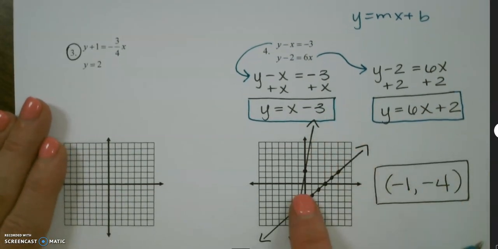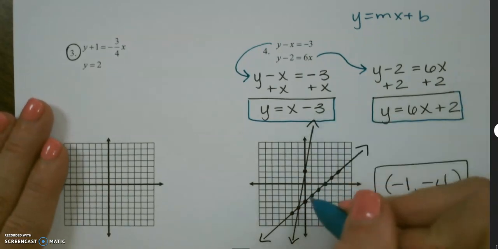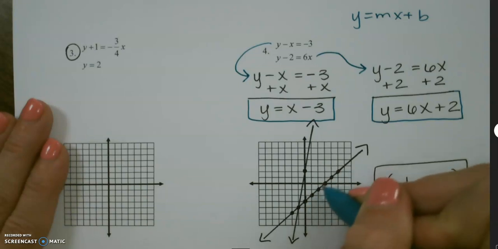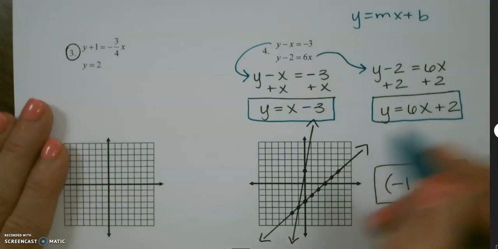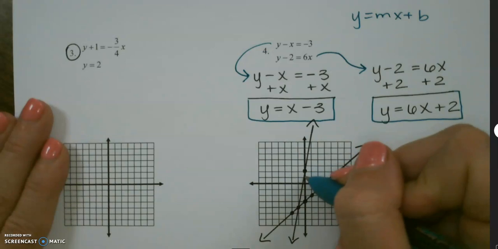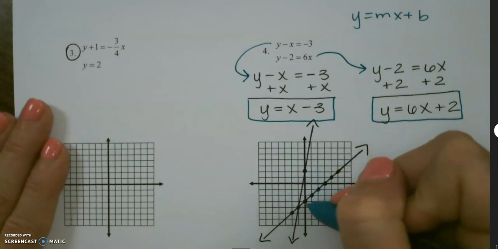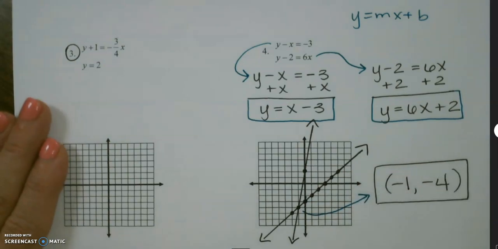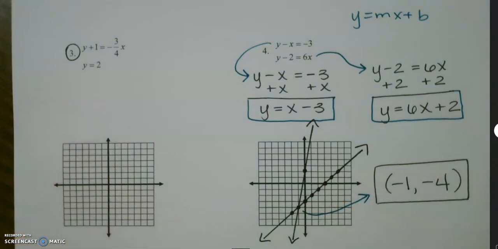After plotting both of these lines, my y-intercept is at -3. My slope is up 1, right 1, up 1, right 1. This one, my y-intercept is at 2, and my slope is 6. So down 1, 2, 3, 4, 5, 6, to the left 1. Now notice where they intersect is the solution.